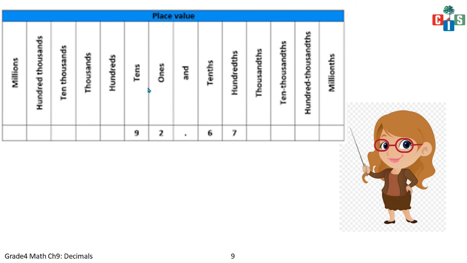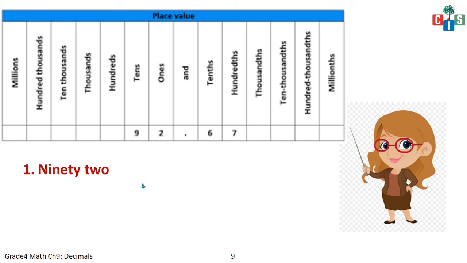Now I have made the place value chart and taken the number 92, then a decimal point, and 6, 7. Clear? So 2 is in which place? Ones. 9 is in which place? Tens. And in place of the point, what has Ma'am written? Decimal point. Yes. Then 6 is in the 10th place, 7 is in the 100th place. So the first way to write this number is 92.